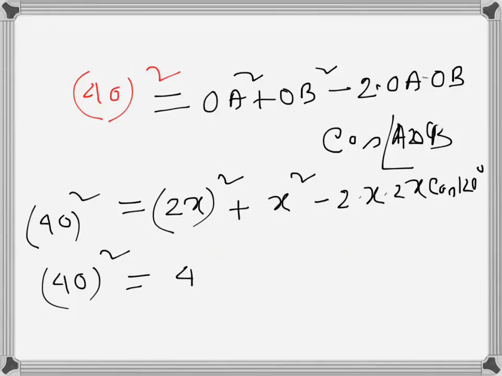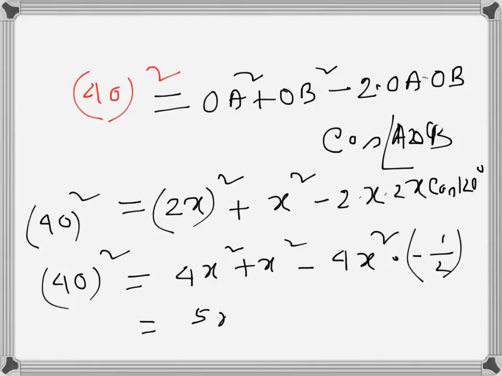Let's do that. This is 4x square plus x square minus, this is 4x square times minus half. So this is now becoming 5x square here, and then plus 2x square. This negative and this negative is becoming plus 2x square, since cos 120 degrees is negative half. So this is 7x square, and 7x square is 40 times 40.